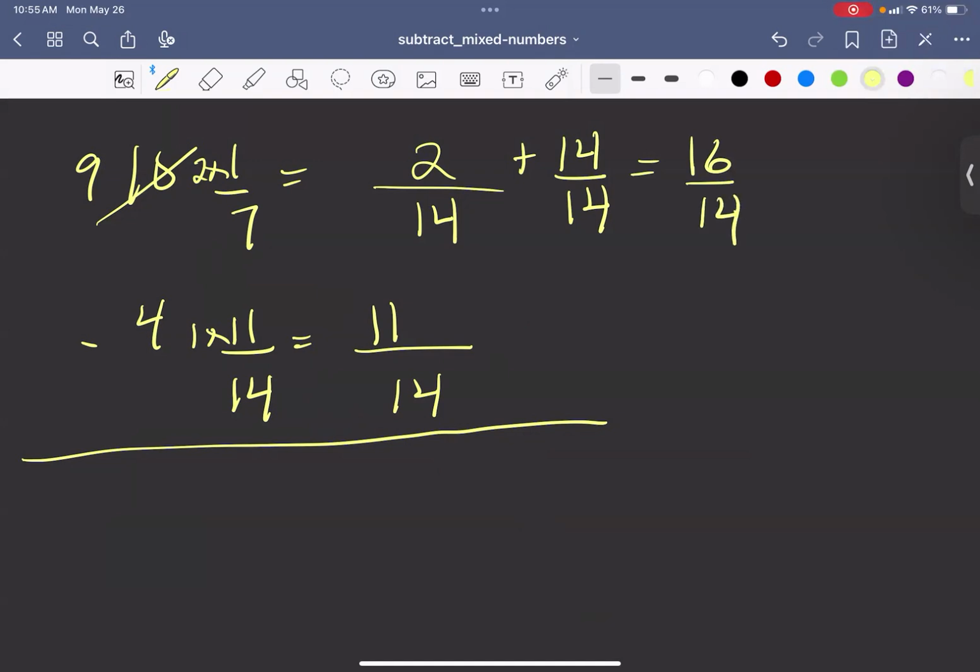Now I can subtract. 16 over 14 minus 11 over 14 is 5 over 14. 9 minus 4 is 5. And our final answer is 5 and 5 over 14. So this is how you subtract mixed numbers. Good luck.